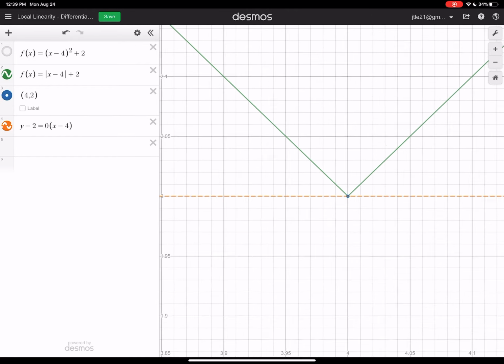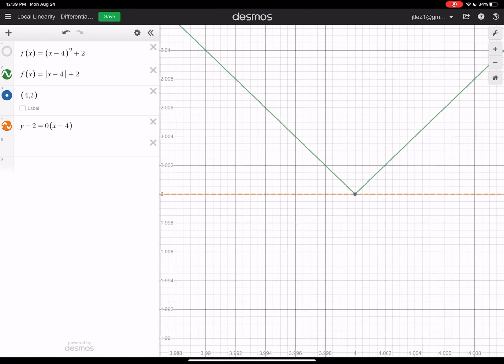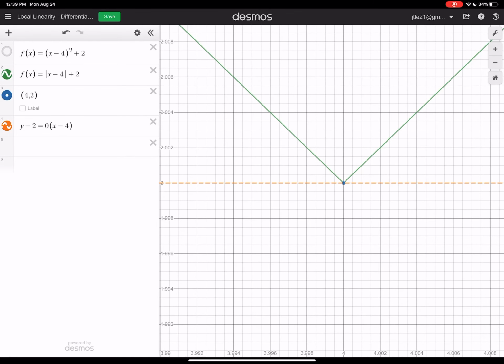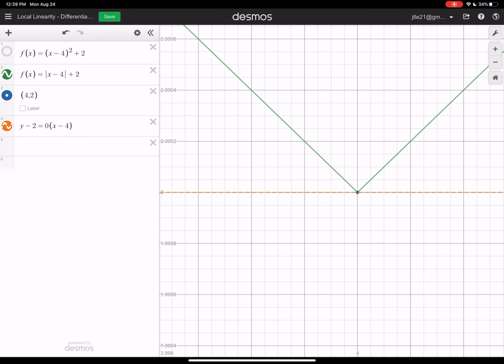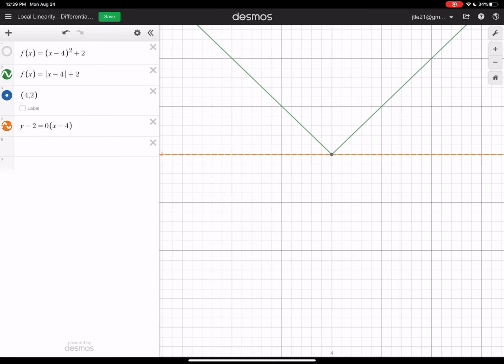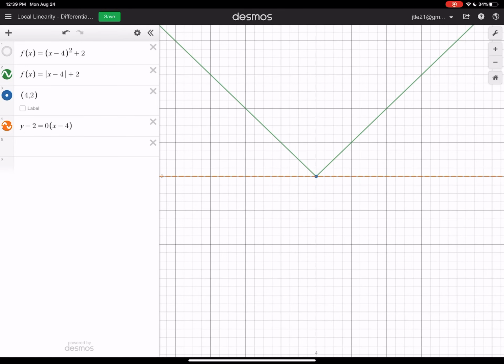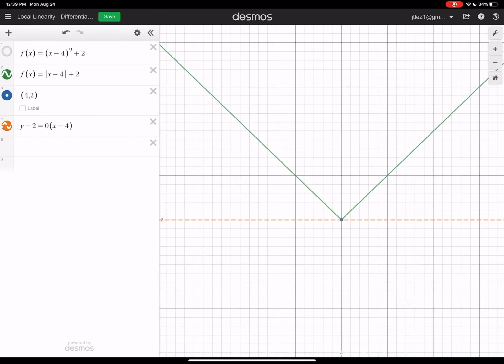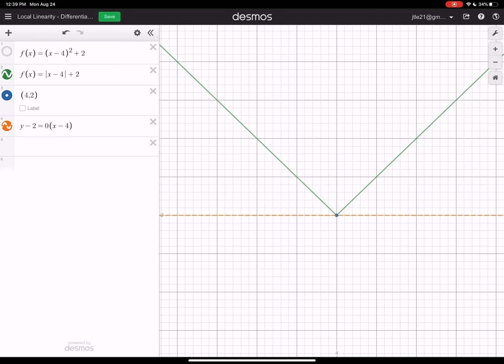But let's try that same concept. What if I zoom in? Can you tell which one's which now? You can. Now what if I zoom in some more? If I keep zooming in like crazy here, does the line eventually blend in with the absolute value?